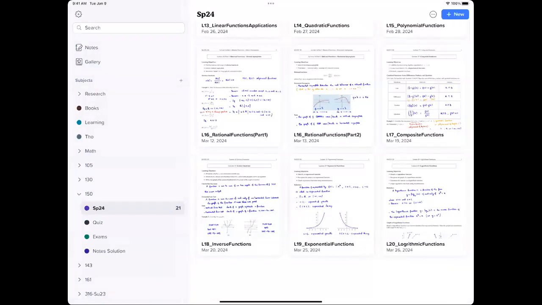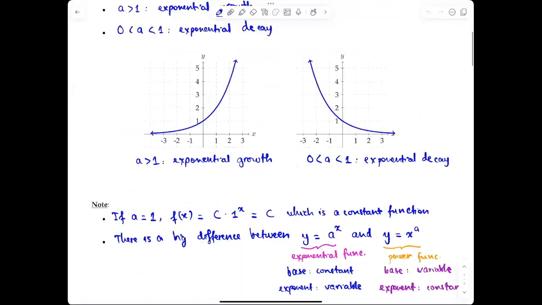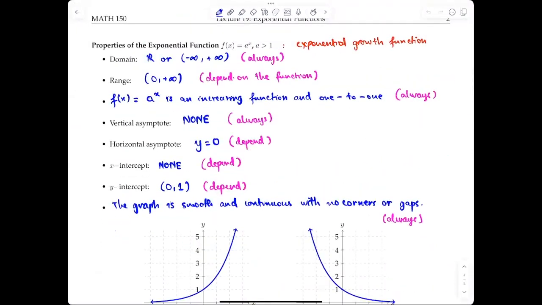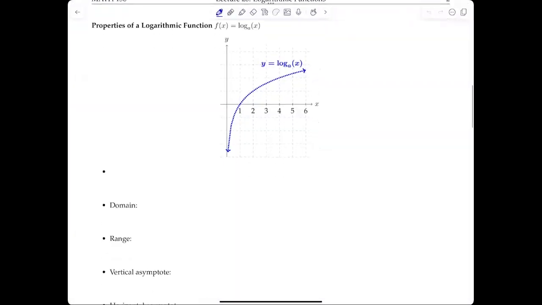If you go back to the note yesterday, when we talked about the properties of exponential functions, either exponential growth or exponential decay, I pointed out that if we consider logarithmic functions, domain and range will be swapped, vertical asymptote and horizontal asymptote will be swapped, and x and y intercepts will be swapped. So you will see that here in the properties of logarithmic functions.